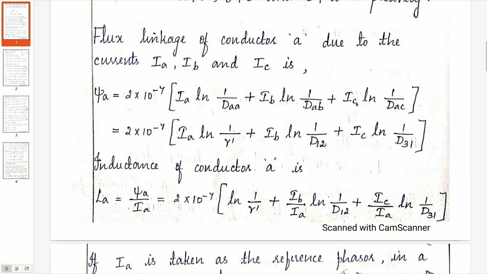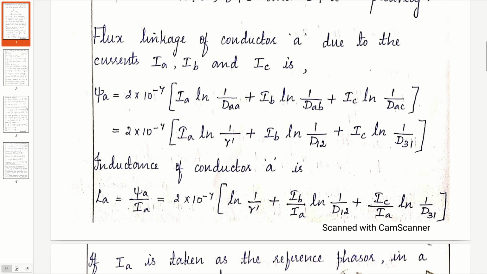The third term, for P is equal to C: IC ln 1 by dAC. Hope you understood how we expand this general equation. P will be A for the first term, B for the second term and C for the third term.